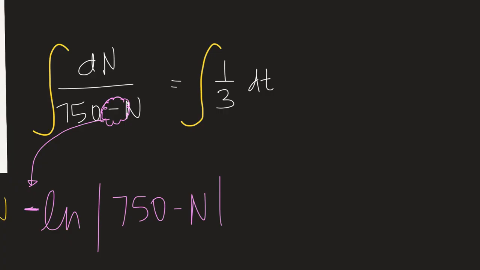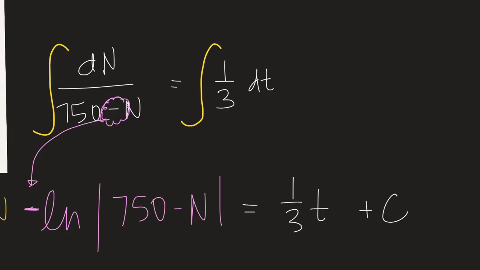That's very important to remember, that it's a negative. If we have 750 minus n, or 3 minus y, if our linear has a negative coefficient, then the antiderivative must also be negative.